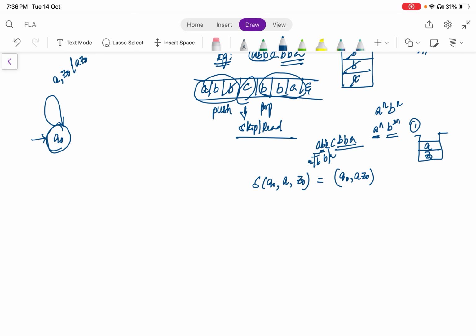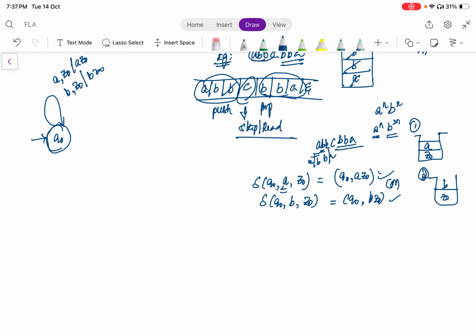This is the first scenario. What if this symbol is B? Then Q naught, B, Z naught goes to Q naught, B Z naught. So this or this. You have to write the transition for B as well. Understood.